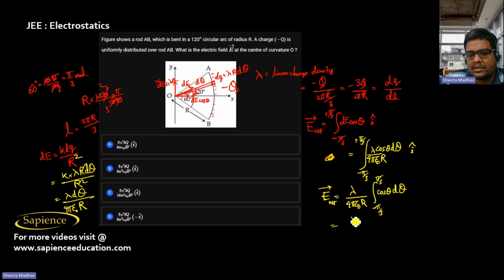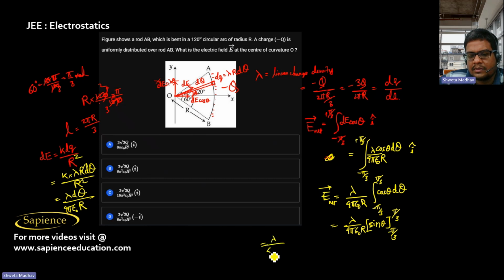Now integral cos theta is sin theta. So sin theta will go from minus pi by 3 to plus pi by 3.